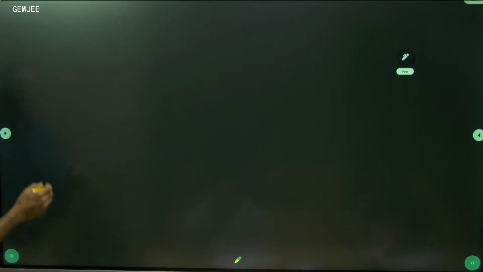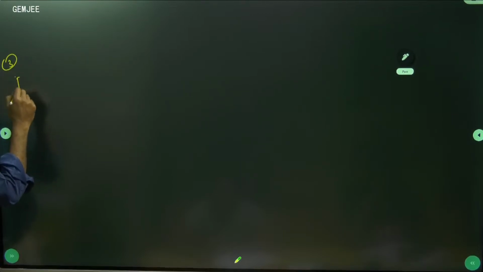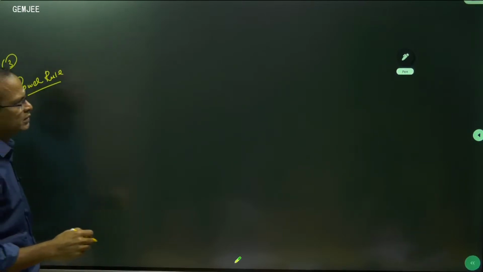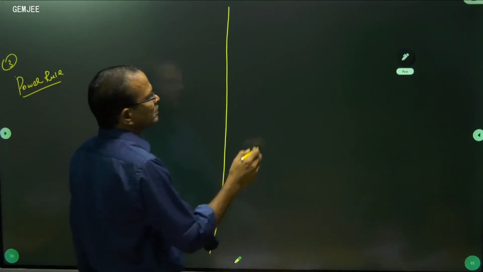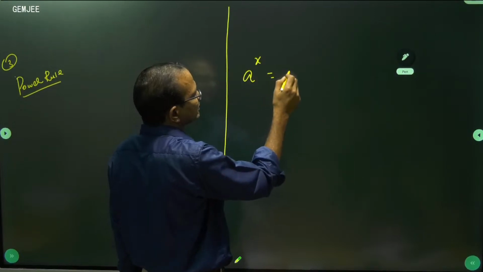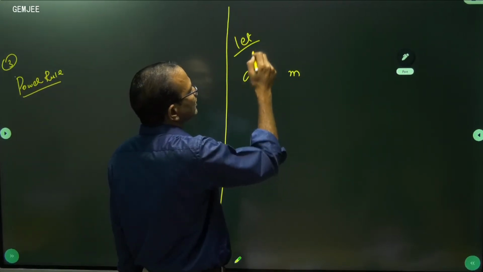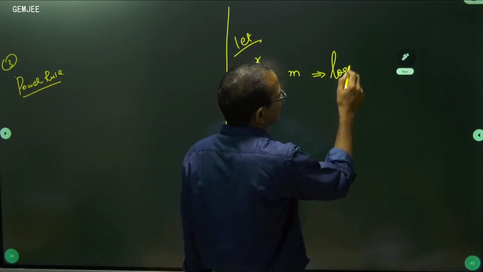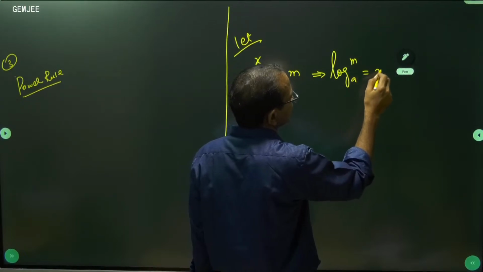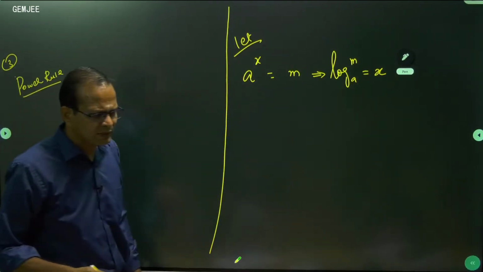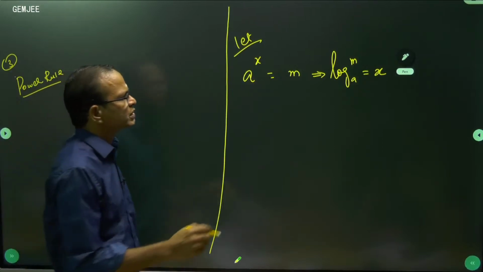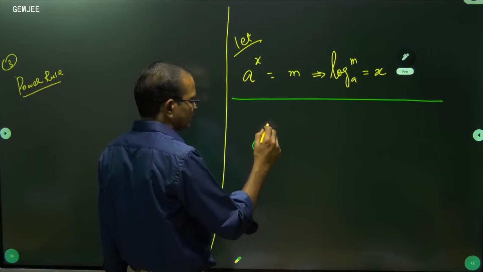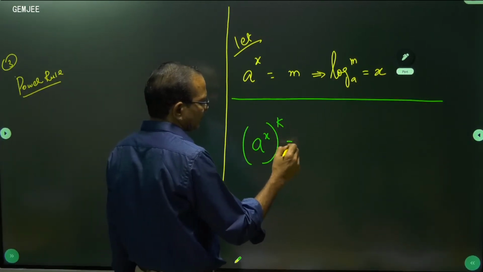Next is the power rule. That is the third one. What is the power rule? Let's see. Let a power x equal to m. So this implies log of m to the base a equals x. This we have already done, nothing new. Now what am I going to do new? a power x the whole power k equal to z.